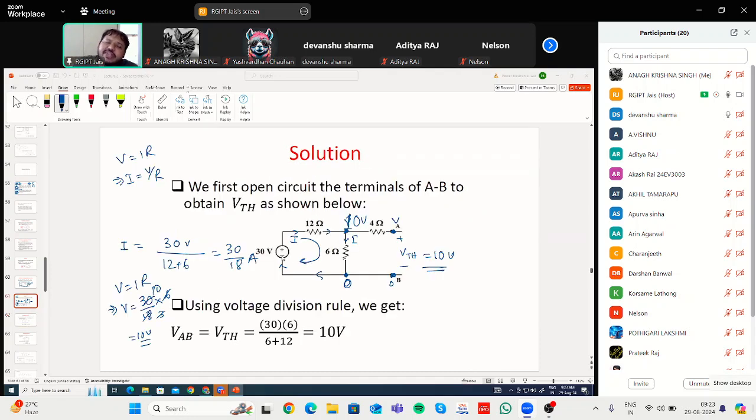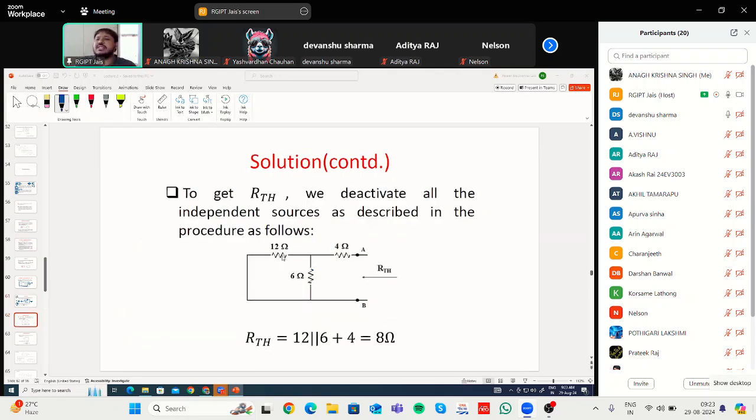Deactivating a voltage source means you are replacing it with a short circuit, because we have already seen that for an ideal voltage source, the internal resistance is 0.